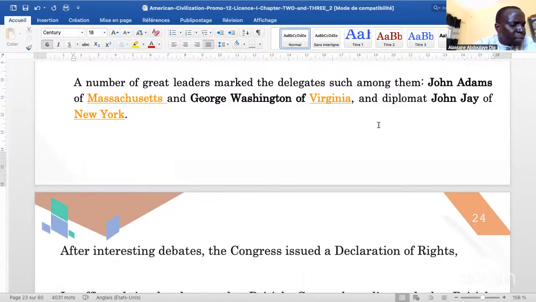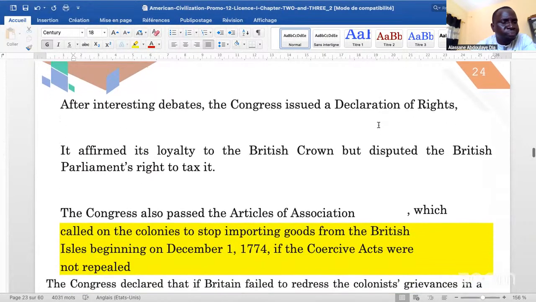There were so many people, but these three are among the most known, famous leaders who influenced the American Revolution.